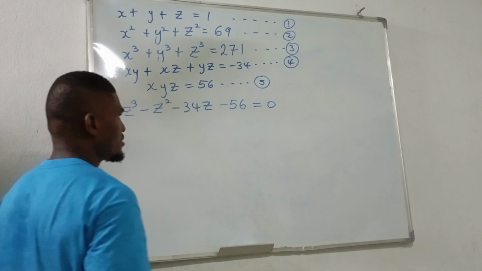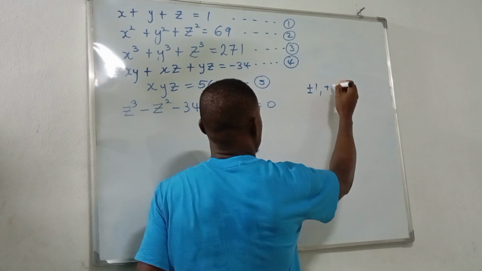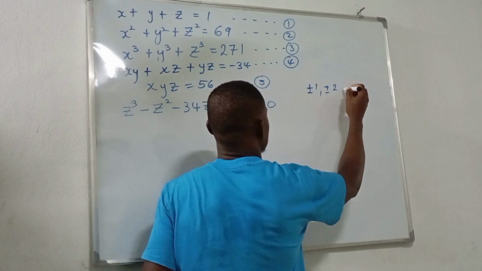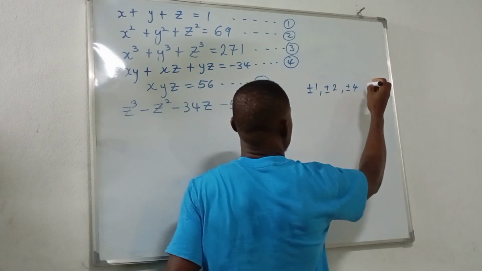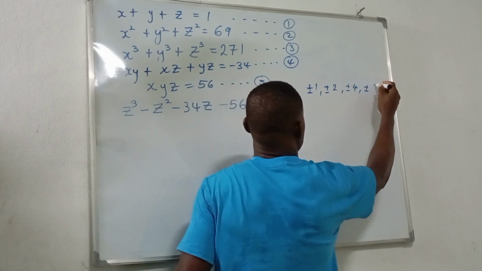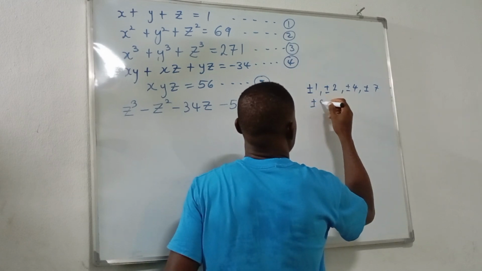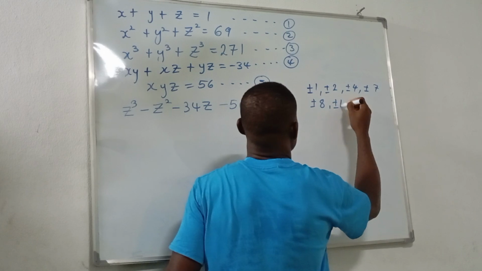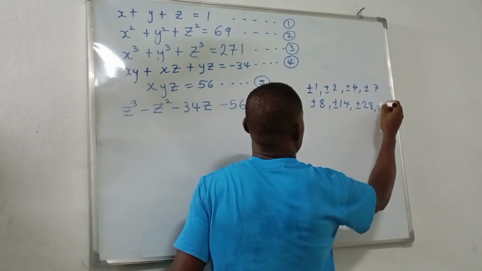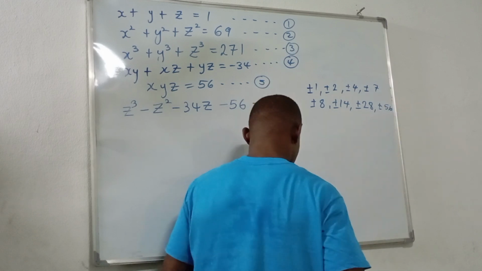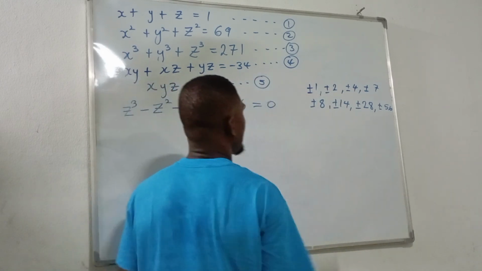And the factors of 56 are plus or minus 1, plus or minus 2, we'll test it with plus or minus 4, plus or minus 7, plus or minus 8, plus or minus 14, plus or minus 28, and then plus or minus 56. All right, so this will not give you the answer there. It's not going to give you 0.